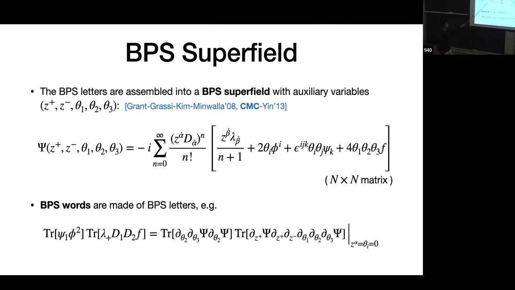And these theta auxiliary variables put all the letters together to form this superfield-like object. These thetas are Grassmann variables, so they have expansions up to the cubic power, and each component in this expansion corresponds to some BPS letter. Usually a superfield transforms nicely under supersymmetry transformation. But what are the nice properties of this one?